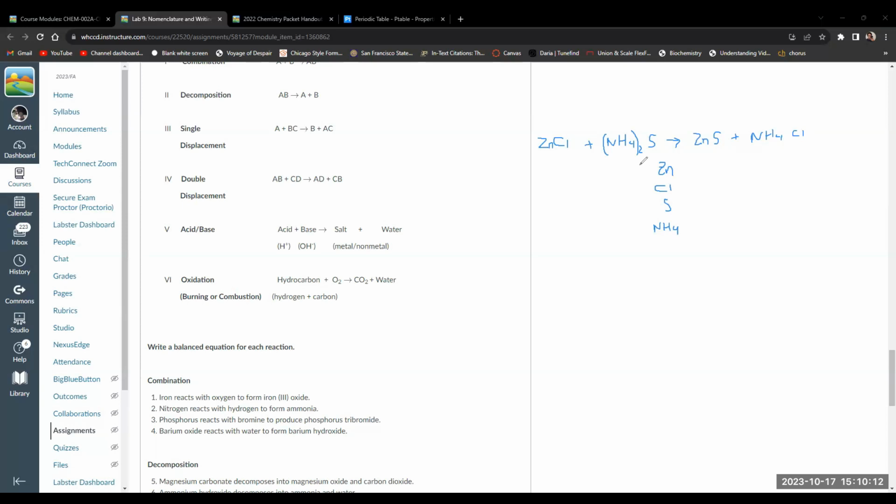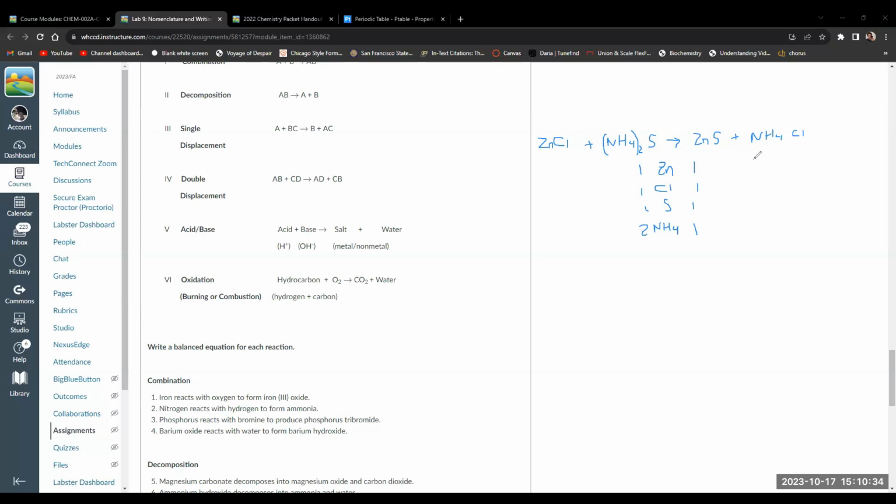So let's balance. 1, 1, 1, 1, 1, 1, and 2, 1. Oh, wait, I skipped this stuff.